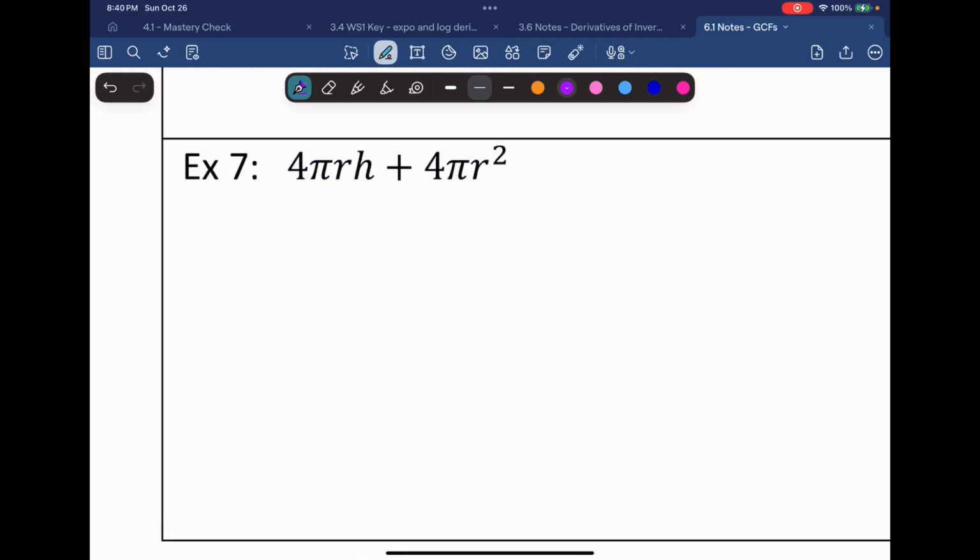Okay, I'm kind of messing with you on this one. Pi is a number. Okay, so they share 4 pi. They also share a common variable with r. So it's the smaller exponent, so just r.